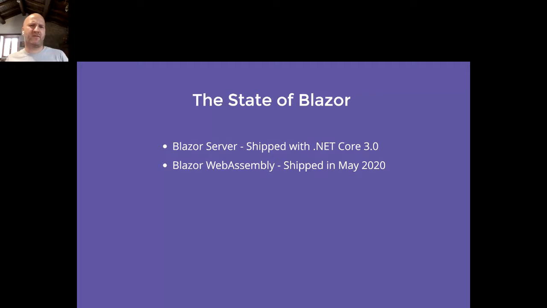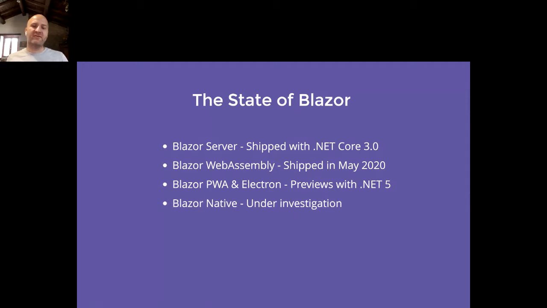But Microsoft is moving from the browser back to the desktop. So with .NET 5, they are introducing Blazor for progressive web apps and Electron as previews once .NET 5 releases. But they are not stopping there.